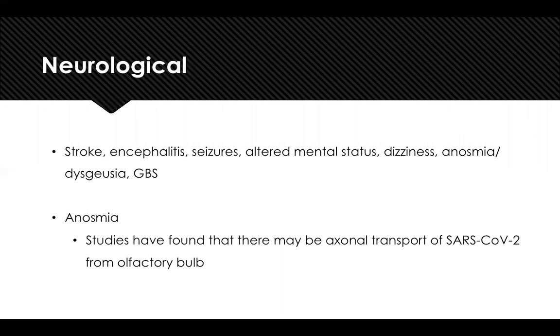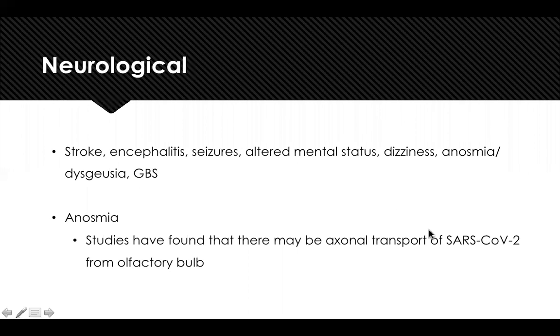Normally, when you have arterial thrombi, those result in stroke, whereas if you have venous thrombi, like the one we talked about previously, those generally tend to result in pulmonary embolisms. So one can develop strokes. They can develop encephalitis, which is just inflammation of the brain. And due to encephalitis, they can develop seizures and altered mental status.